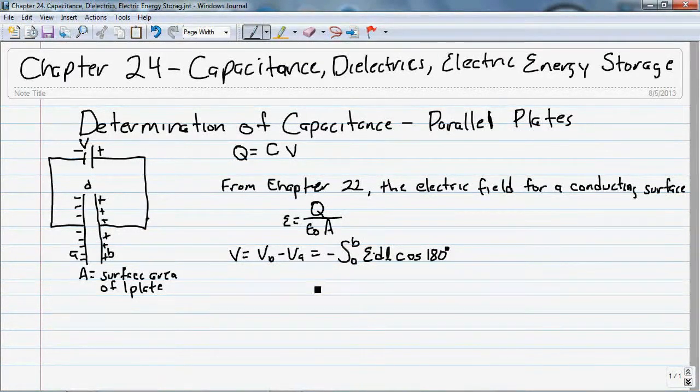And now I can put in for my electric field. Take the cosine of 180 degrees, that's going to be a minus 1, so it takes out the negative.